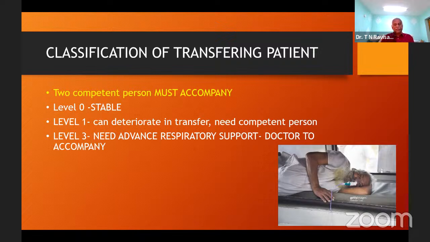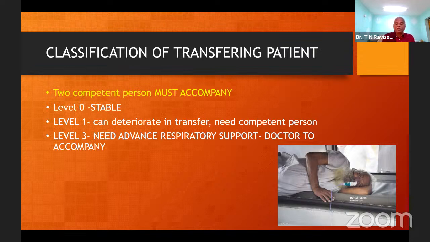Level 0 is a stable patient who can be taken care of by any supporting medical staff. Level 1 can deteriorate during transfer and needs a competent person to accompany. More often a qualified ICU staff or in fact a medical officer needs to accompany these level 1 patients to be legally safe, keeping the patient alive.